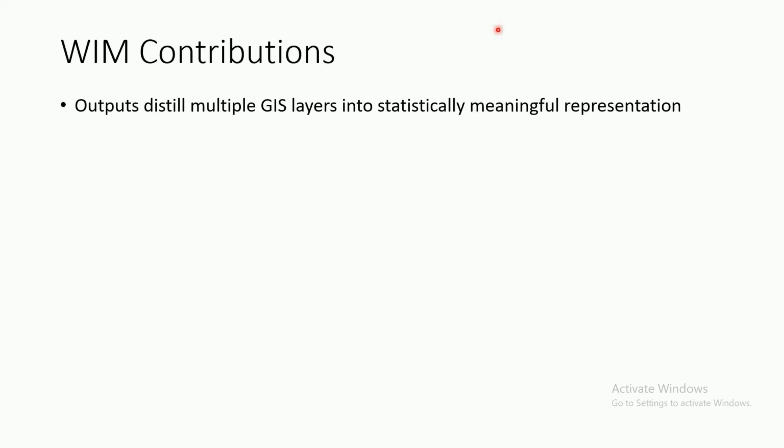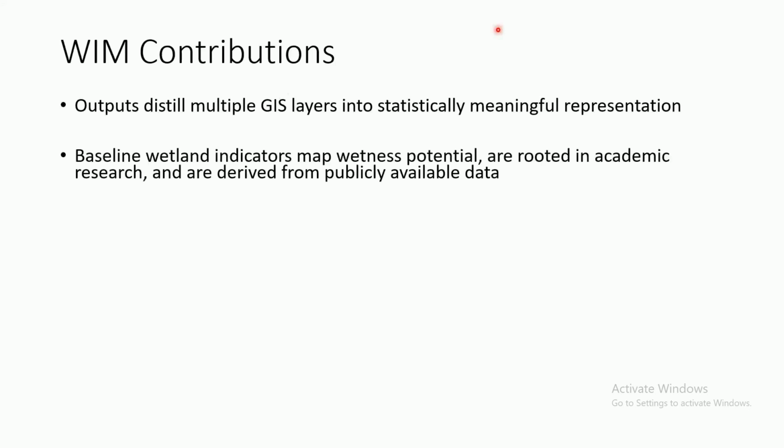We could have toggled on and off those 5 layers, curvature, TWI, DTW, and then the soil and imagery layer, and try to see where they overlap. But WHIM automates that process for us, and it's doing that in a statistically based way.